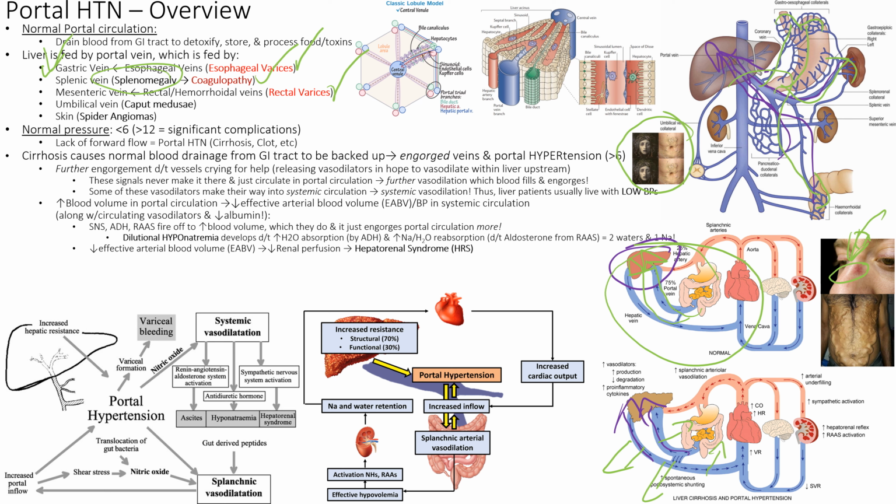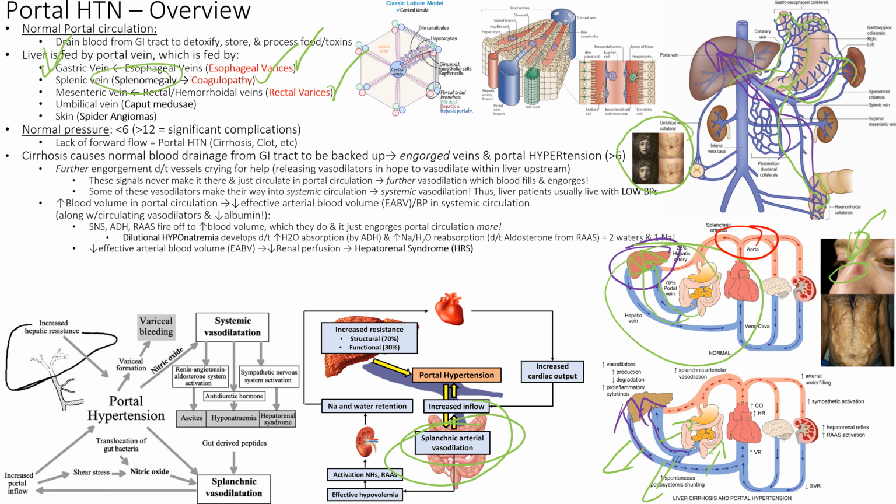So it's a twofold approach. These patients are chronically hypotensive because of the portal circulation trying to fix the problem. And also they're chronically engorged because of the problem to begin with, but also the fact that they're releasing all of these vasodilators that are causing more issue than good, okay? And then on top of that, we have low circulating volume. We talk about low circulating volume to the kidneys and to the baroreceptors, right?